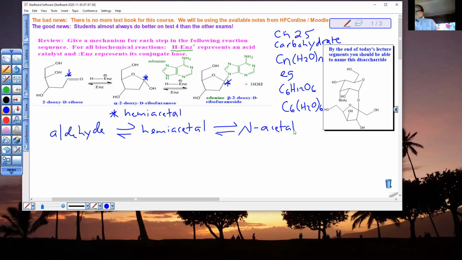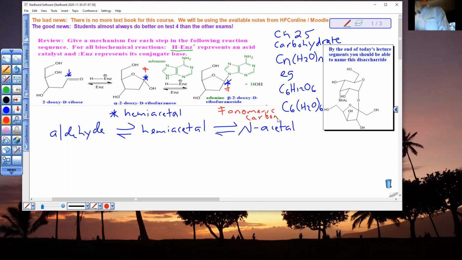And this carbon all the way through here at the end has a special name. For carbohydrates, the hemiacetal carbon or the acetal carbon is called the anomeric carbon. And you can identify it quite easily.